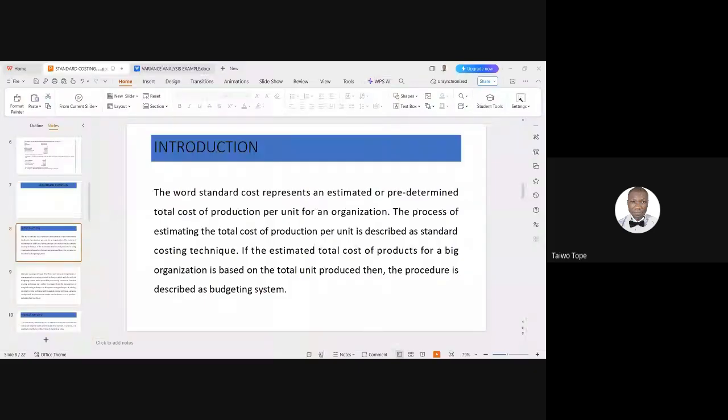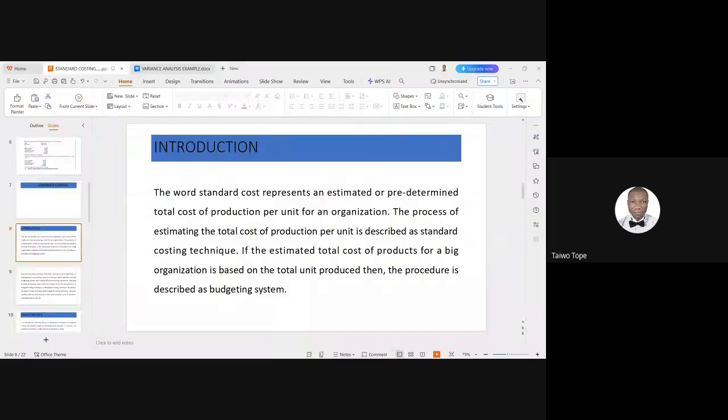So, in short, I would say that standard cost is a benchmark that is set to compare with actual performance. So you set a benchmark, you compare your actual, you analyze the difference, and the difference will lead you to take action.